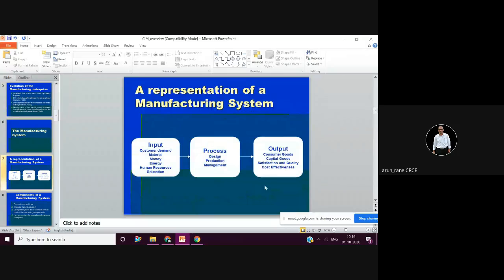So a manufacturing system can be represented by input. You have some input, and usually we call it 4M. Usually the inputs are 4M, that is man, material, machines, and methods.